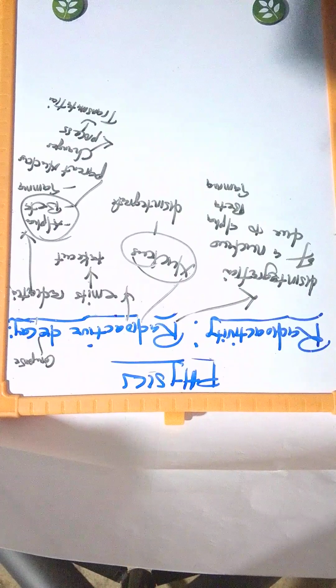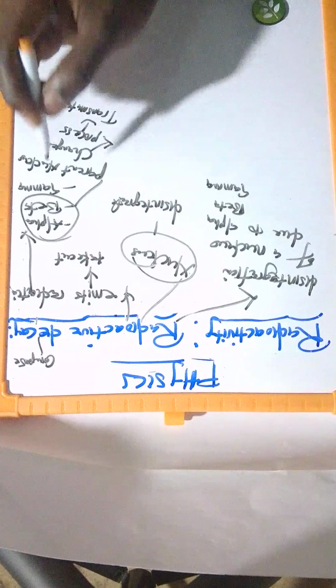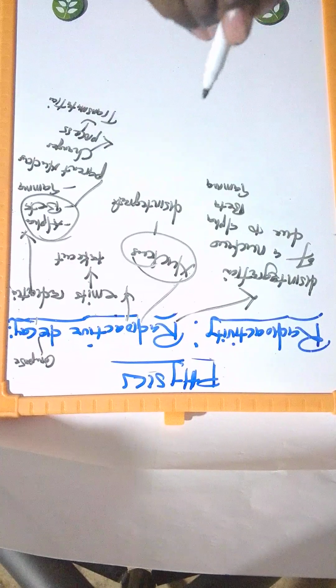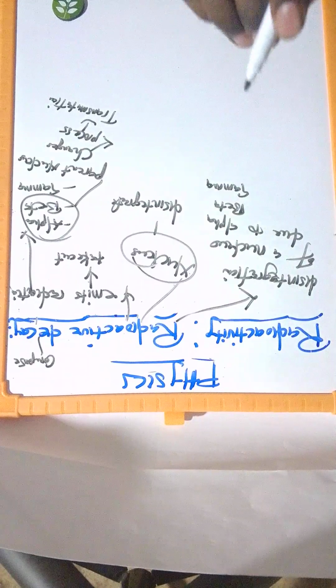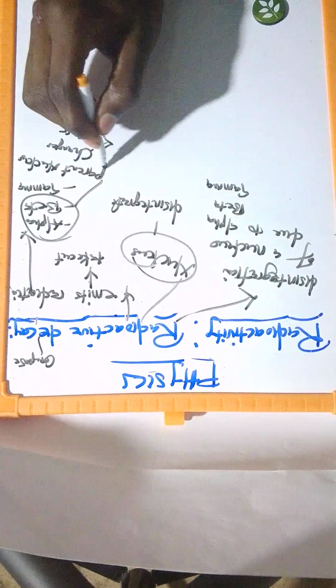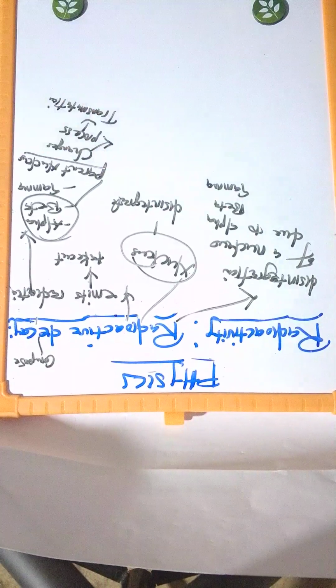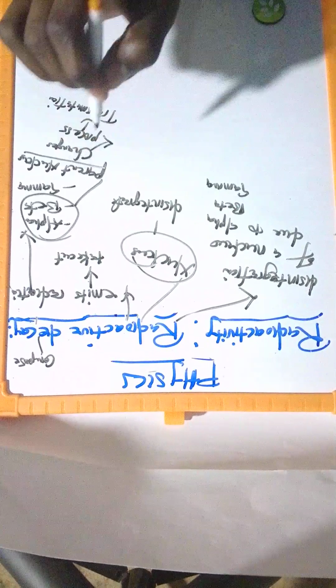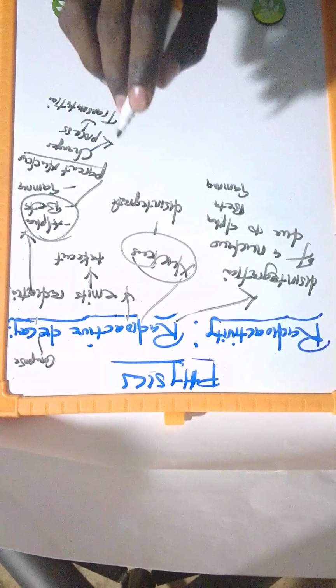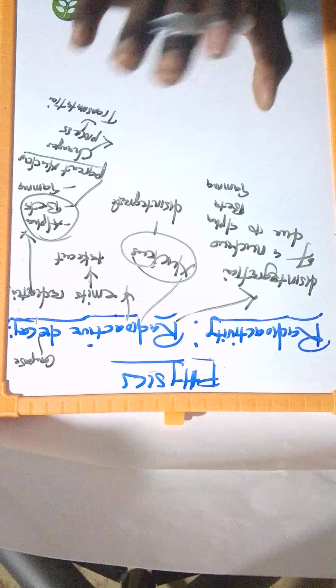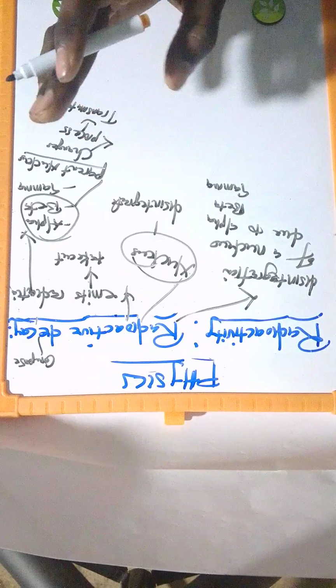The good part is that when gamma radiation is produced, it does not change the parent nucleus. Of course, there will be changes in temperature and energy, but the mass number and the proton number will not change. So that is radioactive decay.